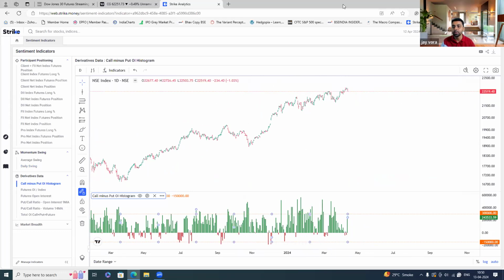So say for example, if the call position is 70 and put position is 30, so the figure would be 70. Okay.